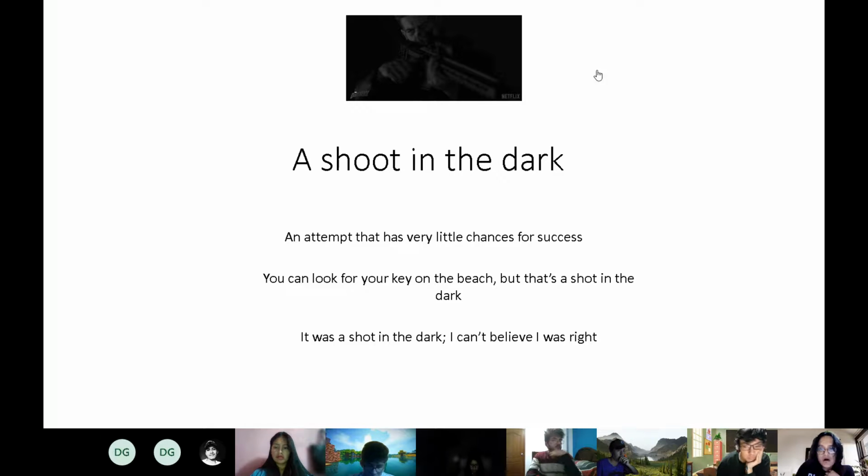Okay, so the same exercise, please. Write down your own sentences using this idiom, okay?